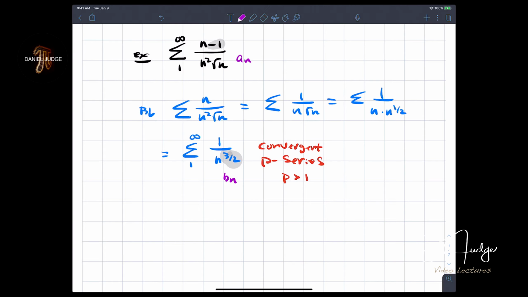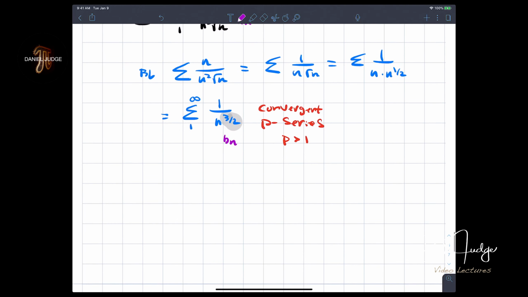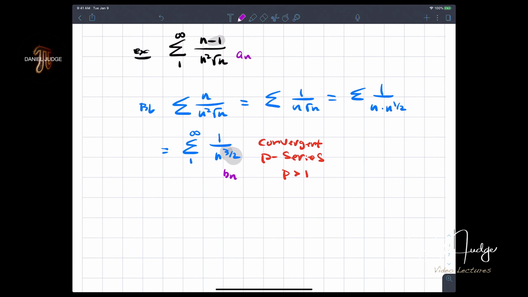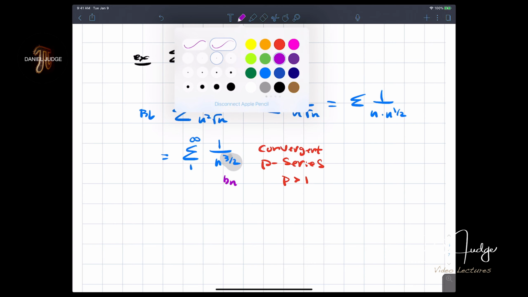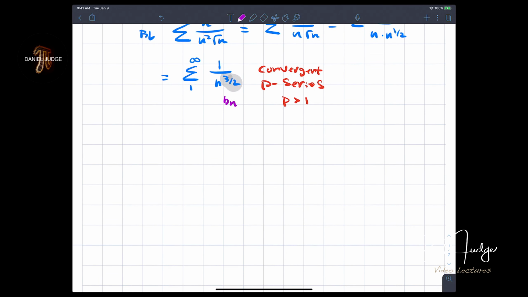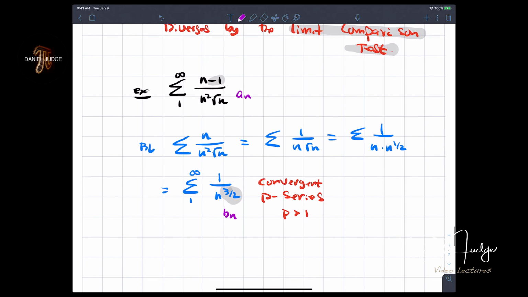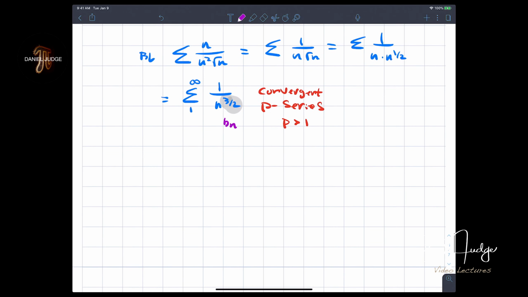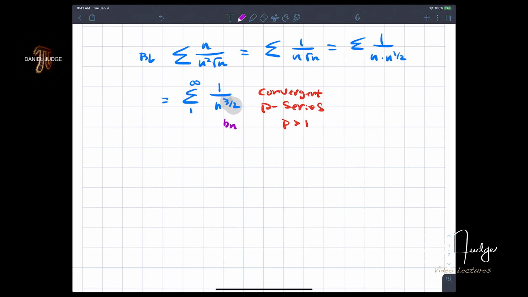And you'd have to try to apply the limit comparison test here, or just even, some of these we know just by the comparison test that this series is actually, well, let's try to apply the limit comparison test, see what happens. I can compare it and show you what's going to happen here. Yeah, let's try to do that. We'll try to use the limit comparison test since that's what we're looking for.